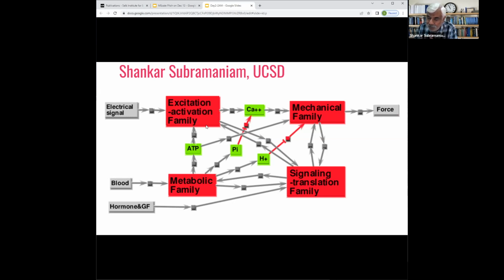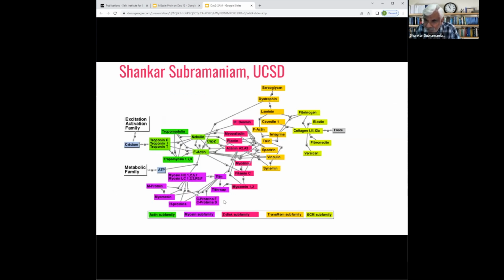Calcium binds to troponin, and troponin is the first regulator with calcium, which regulates a whole cascade of pathways that I walked you through, giving rise to mechanical force transduction. When I showed you this picture here, it is going from the outside of the cell to the inside of the cell and again to the outside of the cell.